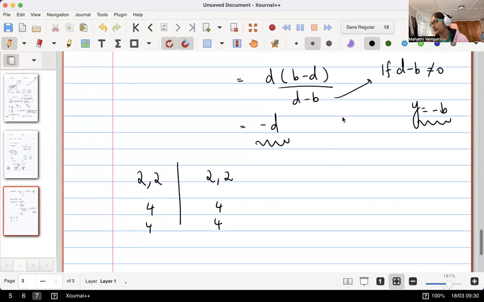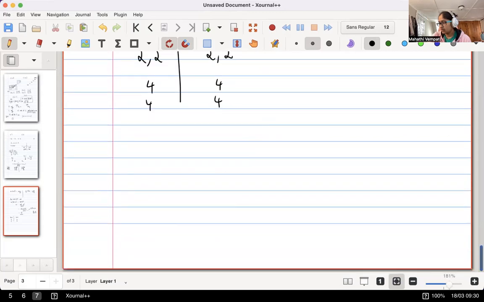Pretty interesting. So in this case, d minus b was equal to 0. It was the same thing, right? So that doesn't hold. So that gives us something, that tells us that if you're able to find a good split, right?